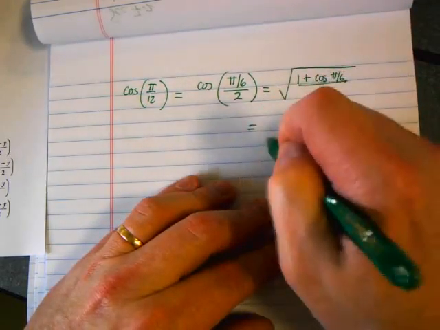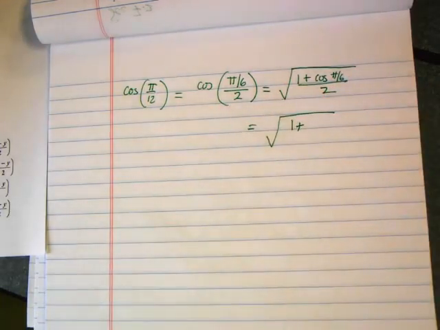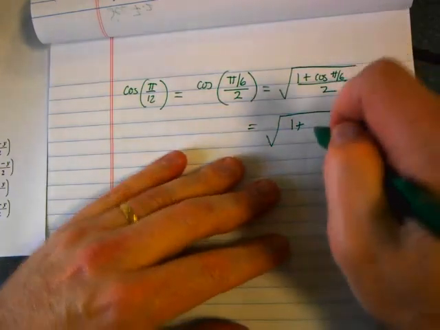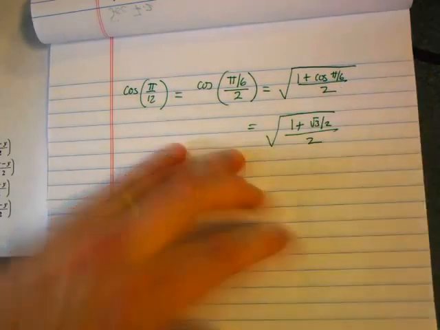So that's the square root of 1 plus. What's the cosine of pi over 6? Root 3 over 3 or root 3 over 2? Root 3 over 2 is what you meant? That's good, because I think that one's right. Over 2.